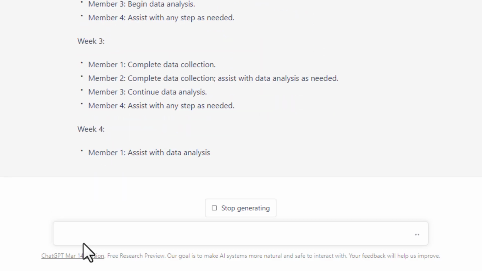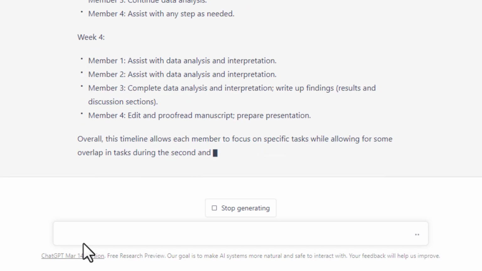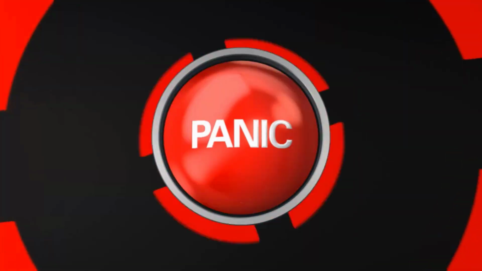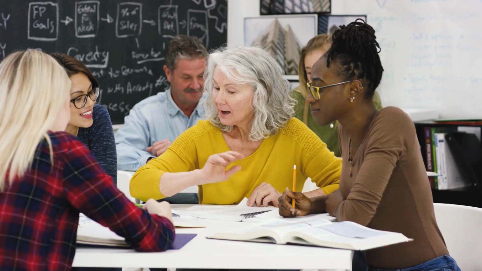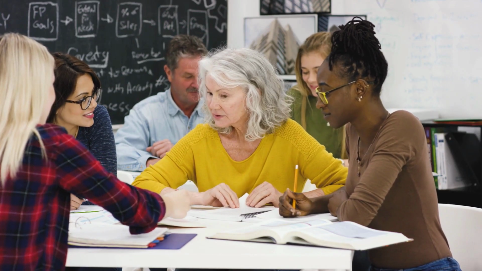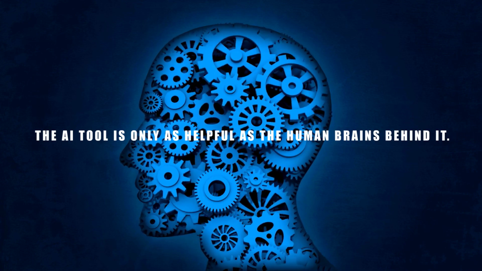So this can be a great way to help each group member to know exactly what they should be working on each week. Goodbye, night before it's due, panic. And again, because ChatGPT may not know exactly how long each of these tasks take or how much your assignment specifies you spend on them, you may need to adjust this, because remember, the AI tool is only as helpful as the human brains behind it.